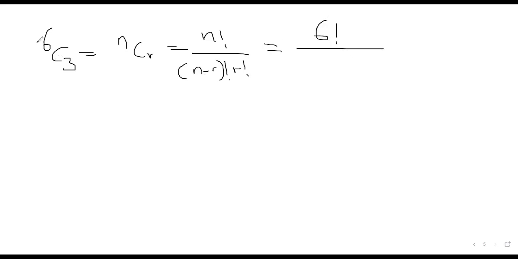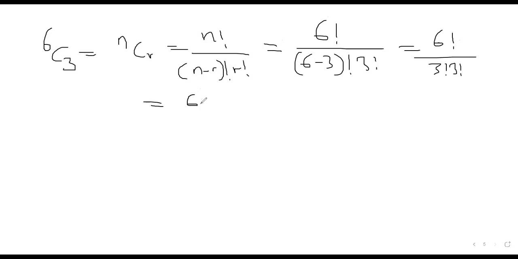What is our n minus r? 6 minus 3 factorial. And the r is 3 factorial. So you're simply having 6 factorial over 3 factorial, which is 6 minus 3, and the 3, which is the r. So 6 factorial means 6 times 5 times 4 times 3 times 2 times 1.